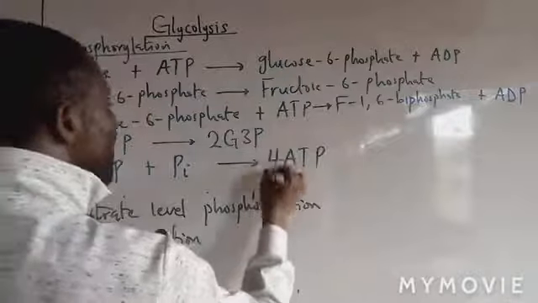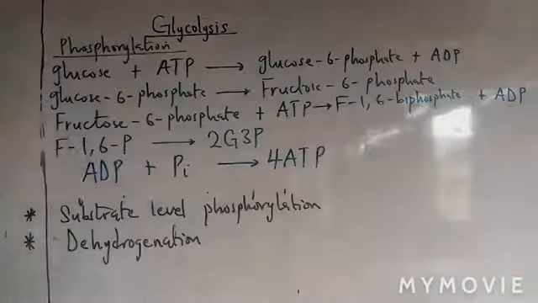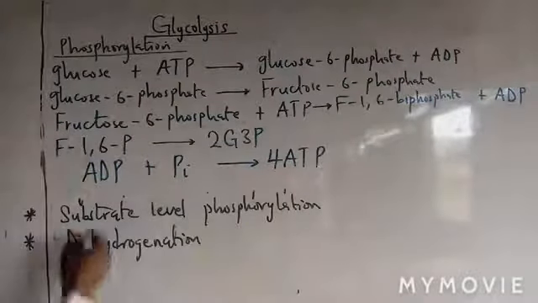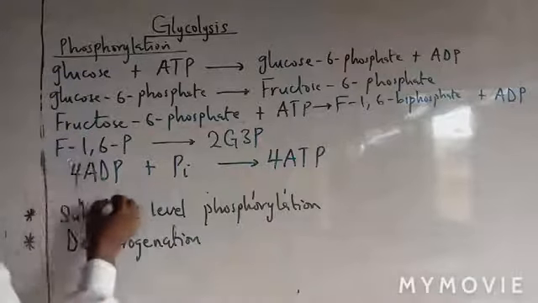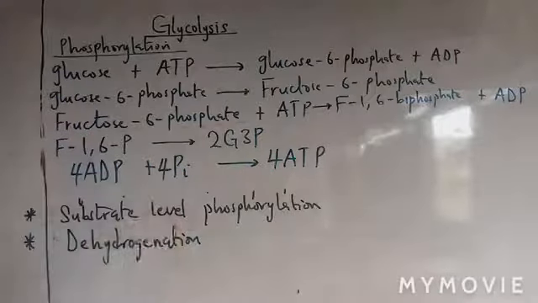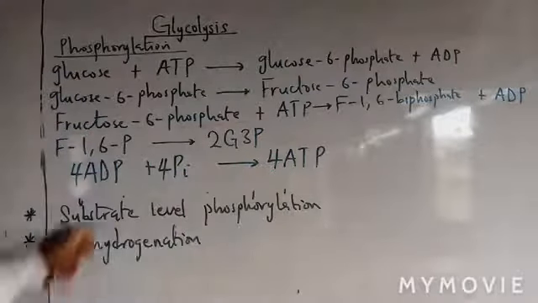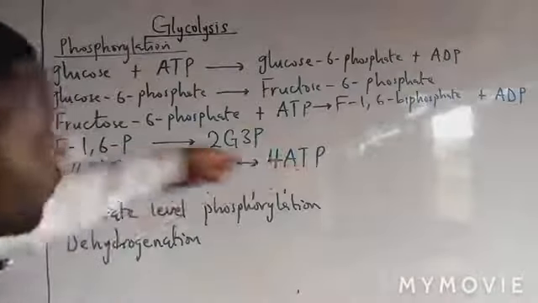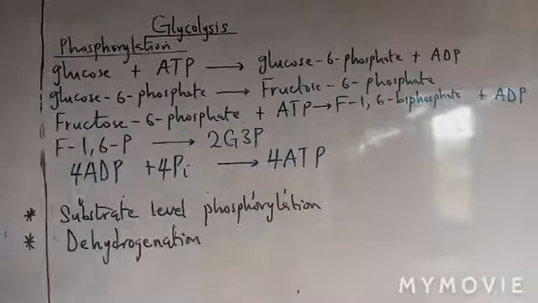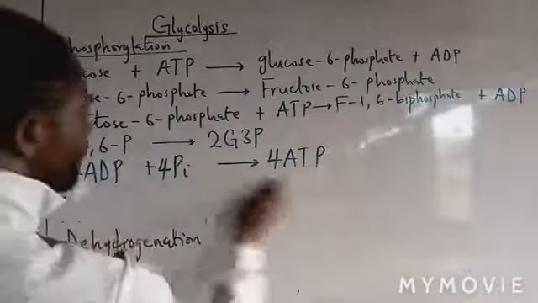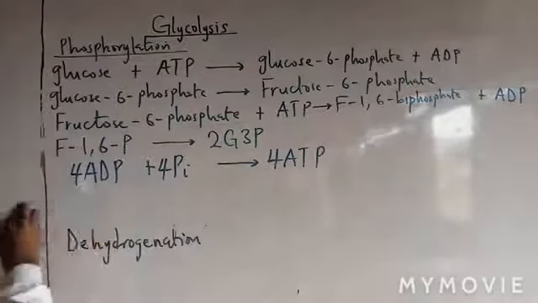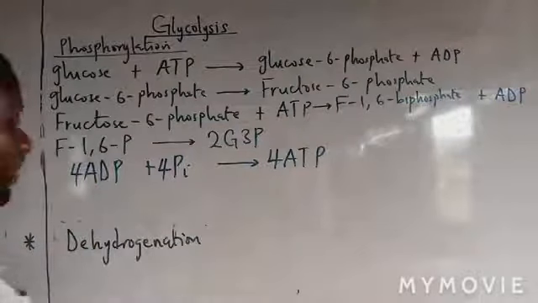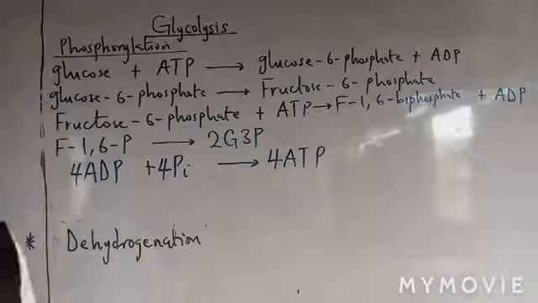But 4 ATP is usually produced in glycolysis. So I will balance my reaction by having 4 ADP, 4 inorganic phosphates. This one is called substrate level phosphorylation.